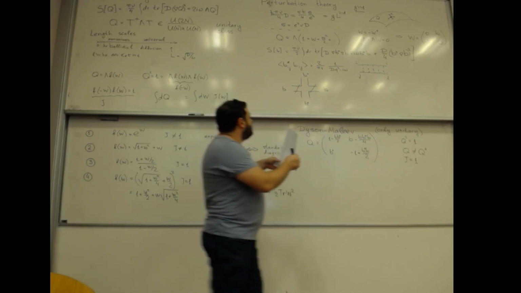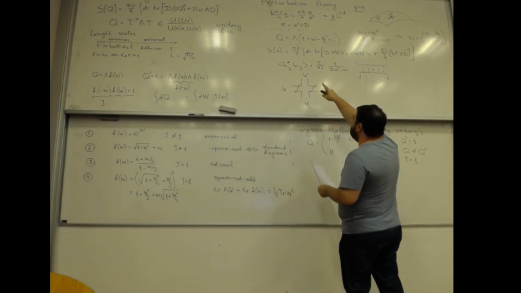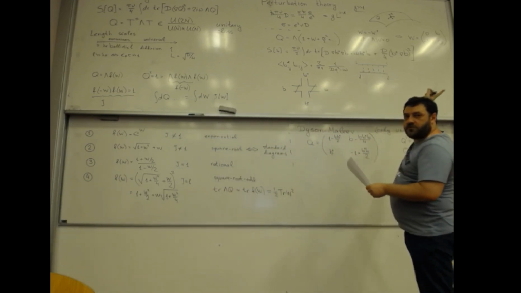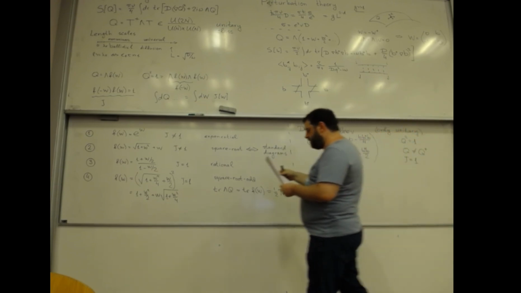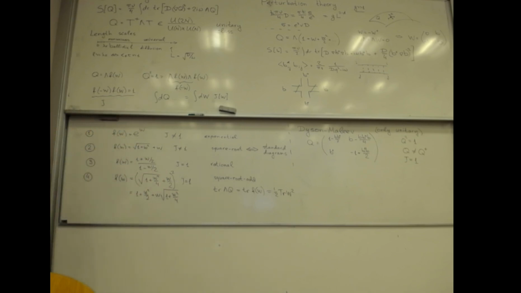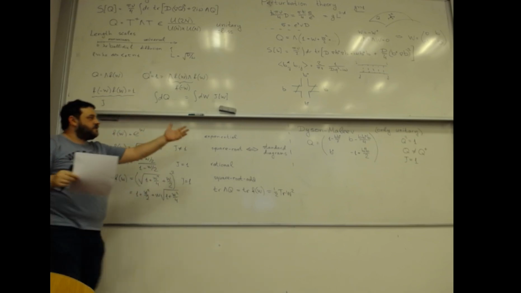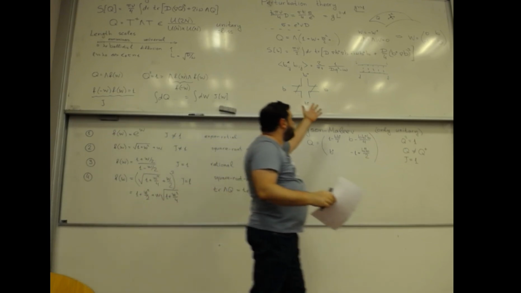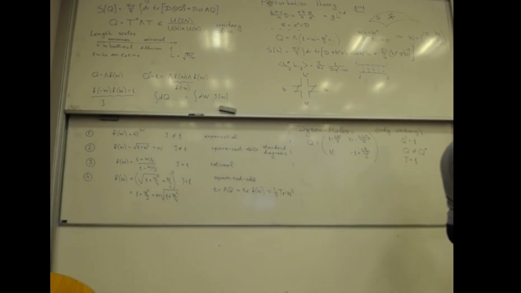And this vertex is proportional to the same thing, pi mu over 2, g over 4. So we can use this theory. We can now compute multiple corrections to the diffusion constant due to this interaction.